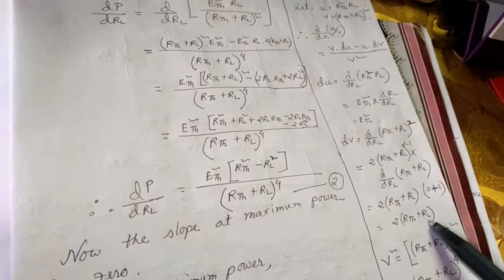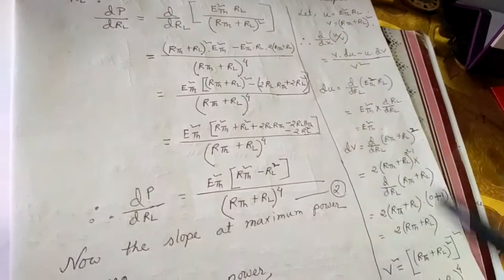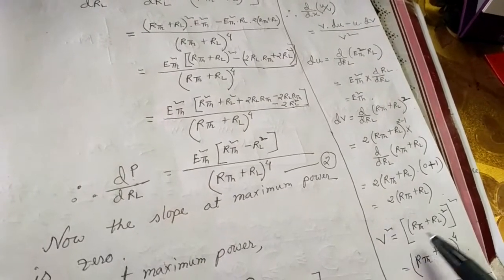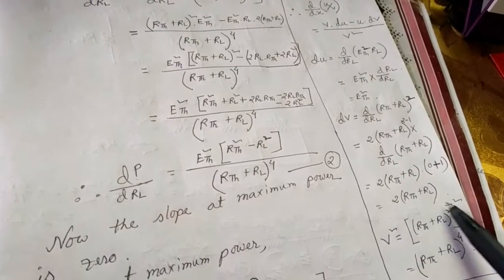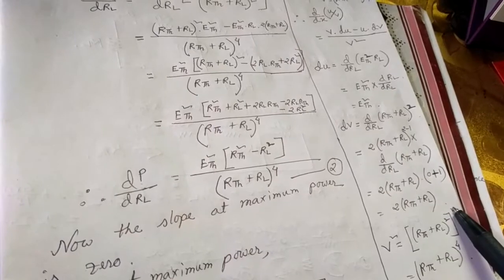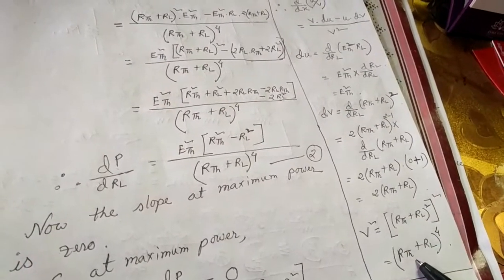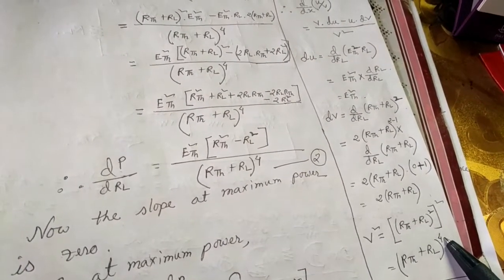So you have got everything. Now V square equals R Thevenin plus RL whole square, whole squared, so ultimately we get R Thevenin plus RL whole to the power 4.